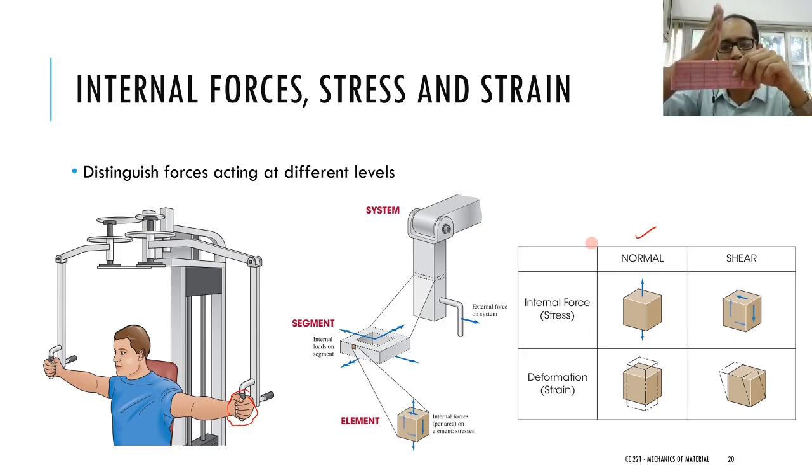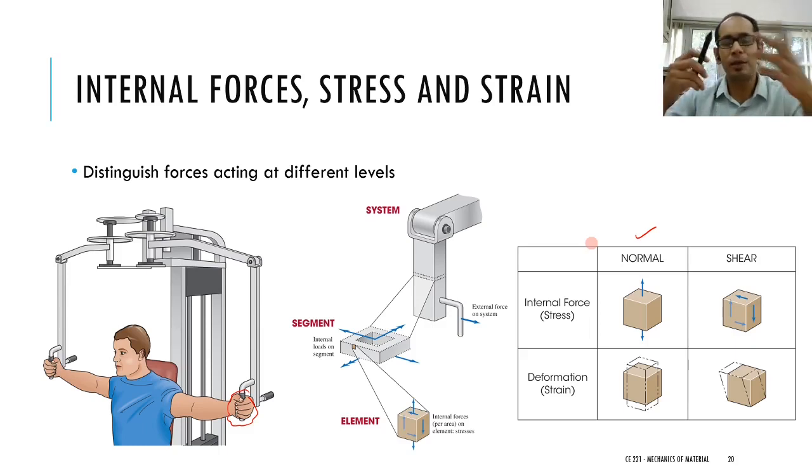When you are cutting through, if I have to cut across that entire cross section, this particular force acts. So shear forces always act tangential to that particular cross section. During my action of cutting, I am going to induce a force which is acting along the cross section of that particular element.